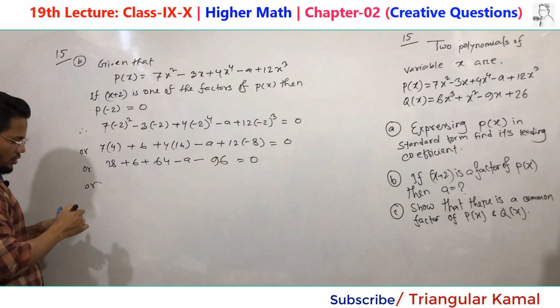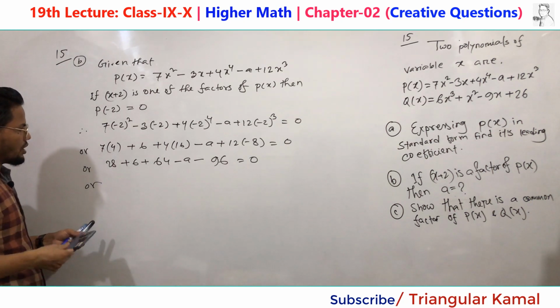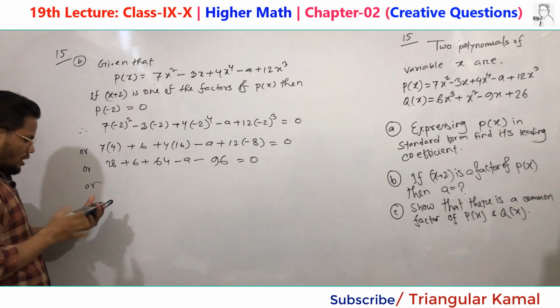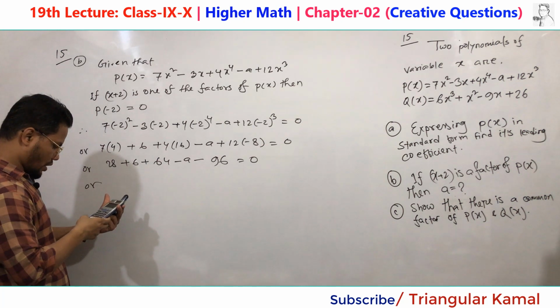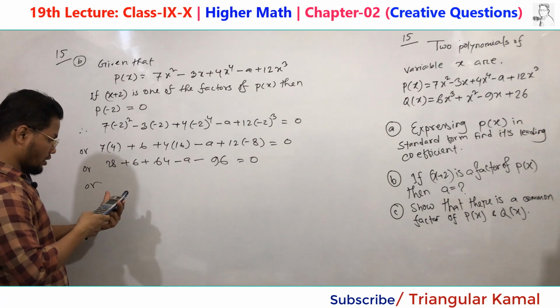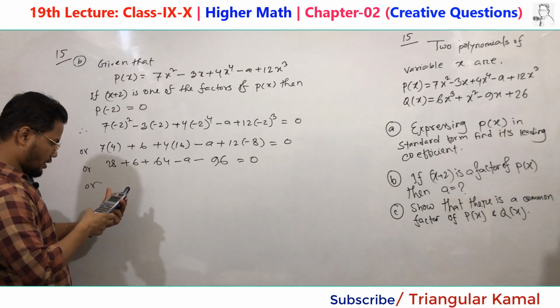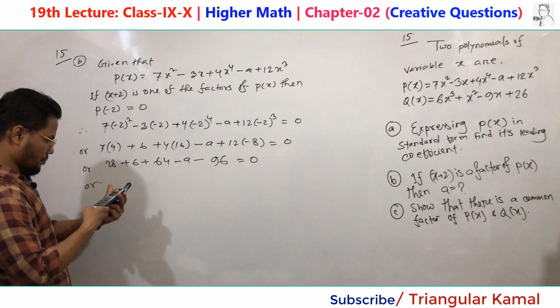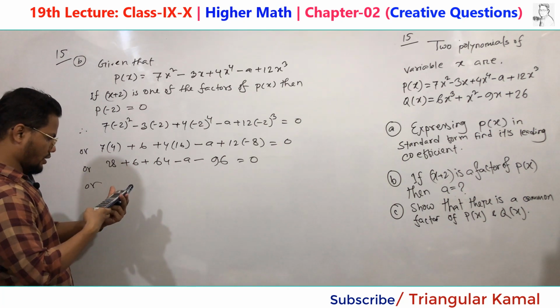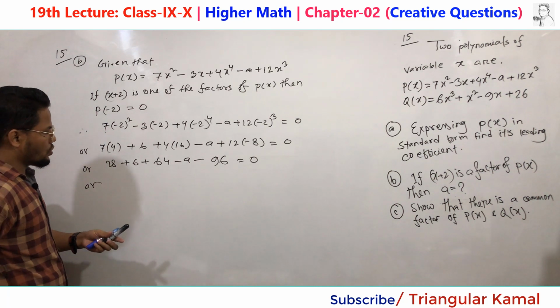Just do simple calculation here. We can do this by using a calculator: 28 plus 6 plus 64, then minus 96. Just we see here 2.